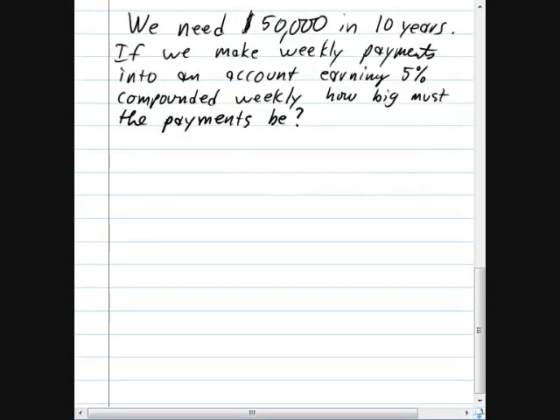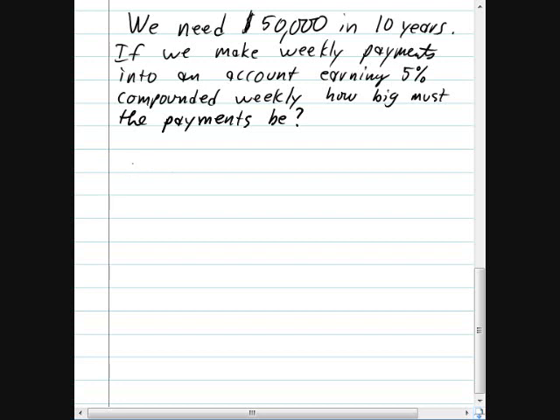Let's look at another example of using the annuity formula. Suppose we need $50,000 in 10 years, and suppose we're going to make weekly payments into an account earning 5% interest compounded weekly. How big must the payments be in order to reach the $50,000 in 10 years? And let's assume that this is going to be an ordinary annuity.